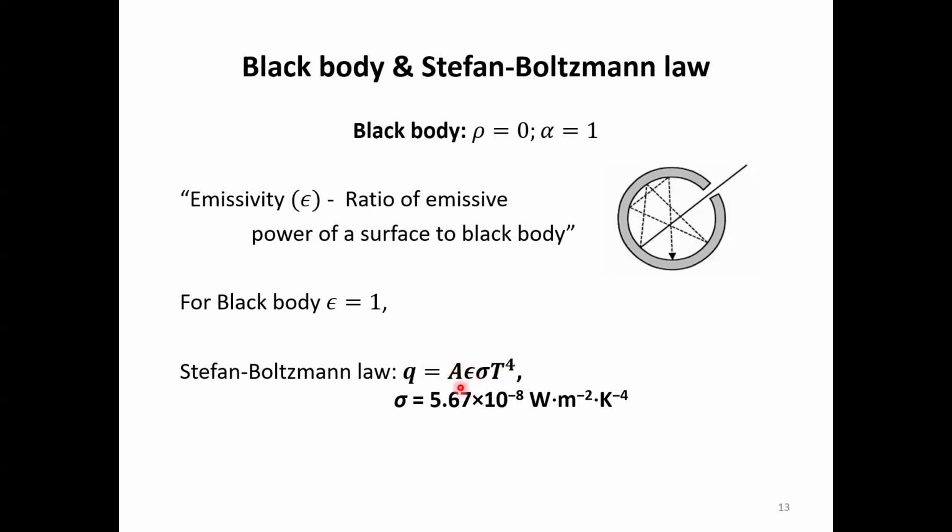A is the surface area of that surface you are interested in, and epsilon is the emissivity of that surface. Sigma is the Stefan-Boltzmann constant, which is shown over here. So by knowing the temperature and emissivity of that object and the area, you can calculate Q basically.